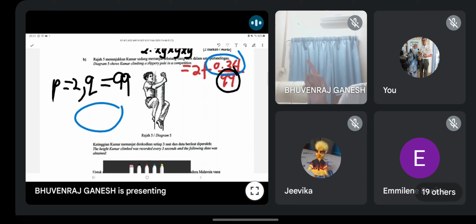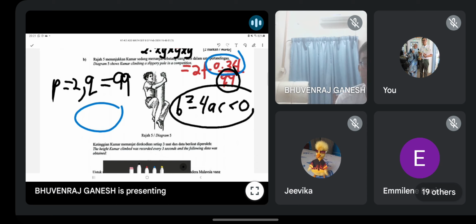If you get b square minus 4ac less than 0, katakanlah b square minus 4ac less than 0. So guys, what is the meaning of this? Apa maksud yang ni? Dalam konteks soalan, what is the meaning of this? Can anyone tell? If I count and see b square minus 4ac less than 0.